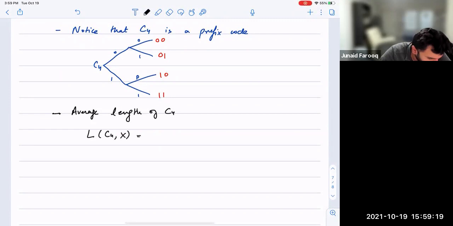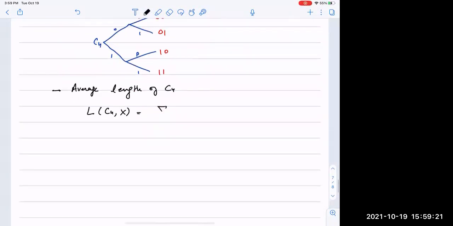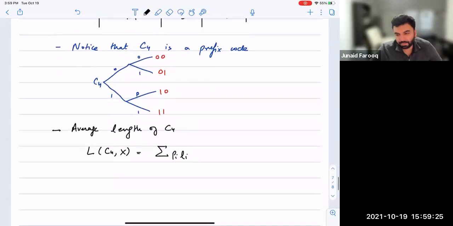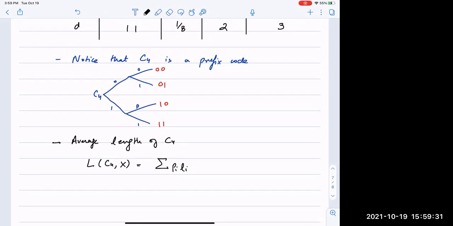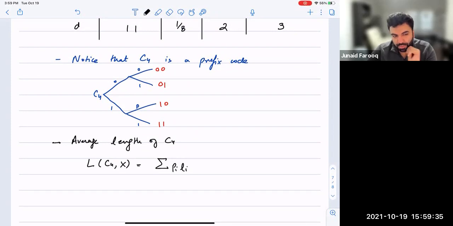How can you tell if it's a prefix code and if it's not? Yeah, a prefix code is easy to figure out because if your code words are on distinct leaves of the binary tree, then it's a prefix code. So in this case, I showed you that we are not picking 2 code words on the same branch.